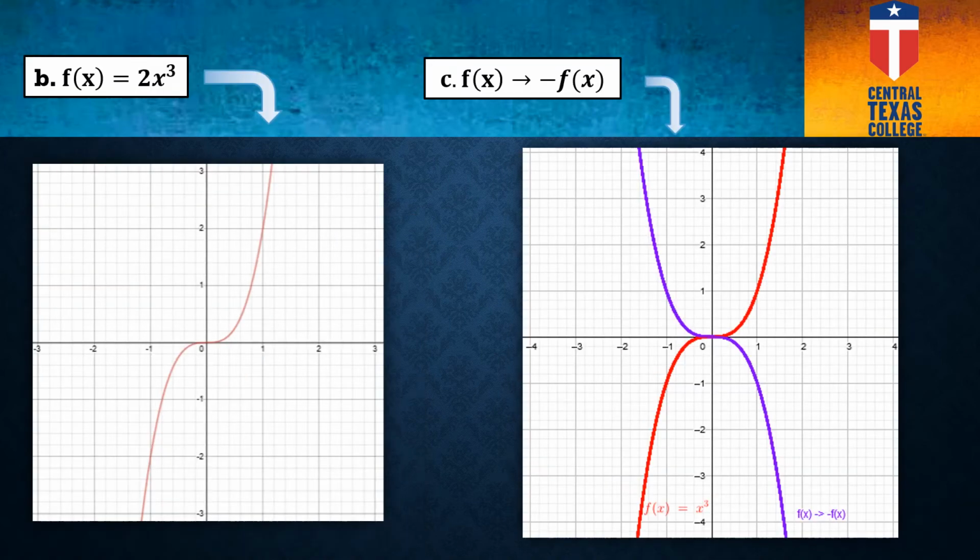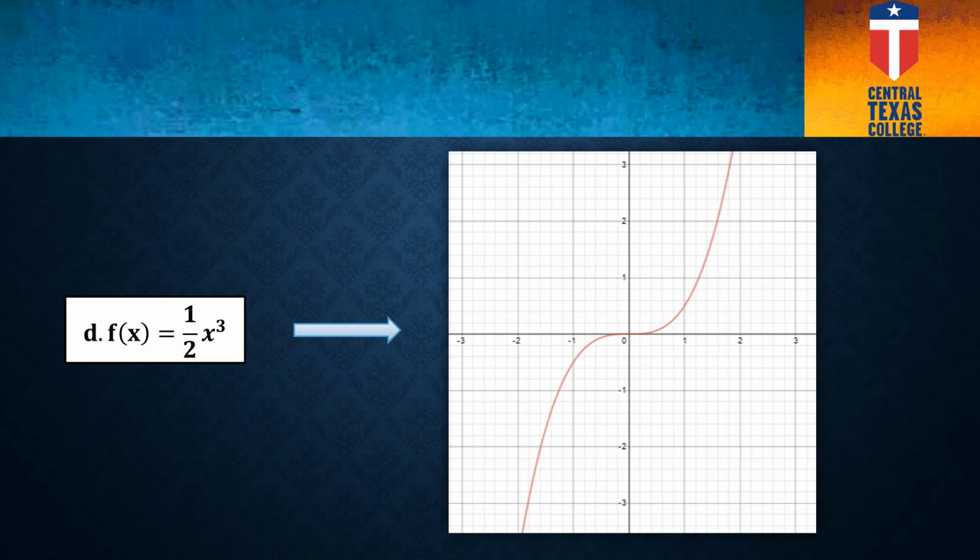For part B, we have f(x) = 2x cubed, which means it was stretched vertically by a factor of 2 from the original graph. And for part C, we have f(x) = -x cubed, which was reflected about the y-axis from the original graph, as you can see here. For part D, we have f(x) = 1/2 x cubed, which means it was compressed vertically by a factor of 1/2, as you can see here in the graph.